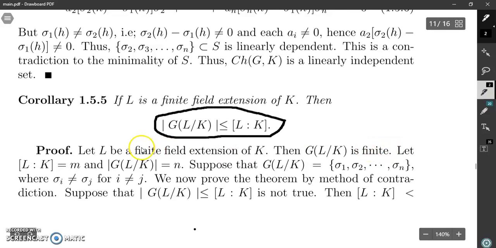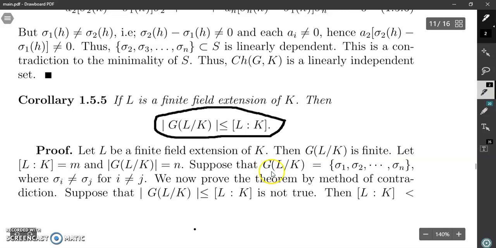Suppose that the degree of L over K is m, meaning the dimension of the vector space L over K is m, and also suppose that the order of the Galois group G(L/K) is n. Then our aim is to prove that n is less than or equal to m.